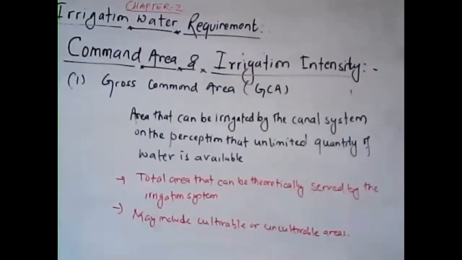The entire area may include cultivable or uncultivable areas that can be theoretically served by the canal irrigation system on the assumption that an ample amount of water is available. Such a command area is known as the gross command area. So the gross command area is entirely the theoretical area that can be served by the canal system, which may include cultivable or non-cultivable areas.